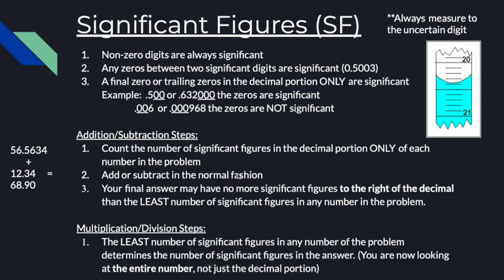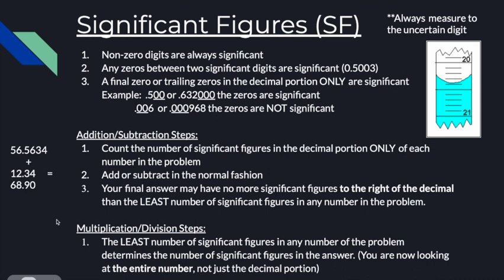Then we add in the normal fashion, and our final answer may have no more significant figures to the right of the decimal place than the least number of significant figures. Our least number in the decimal was 2, and it must have that many. So it's basically 68.9.